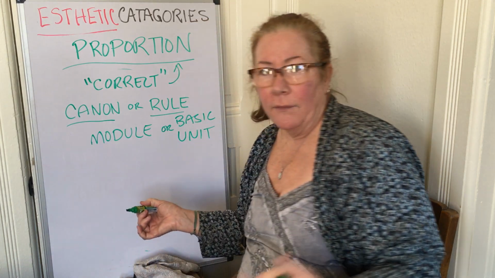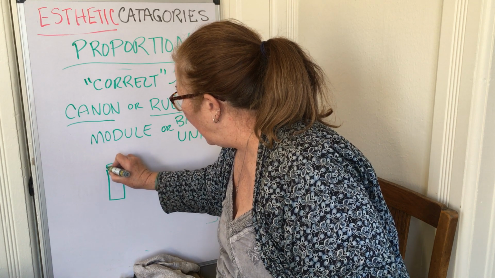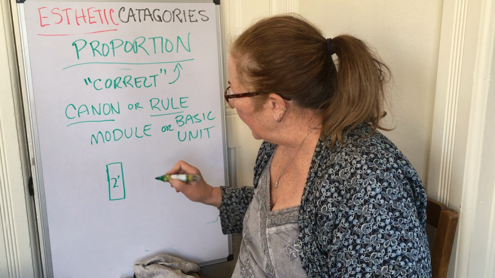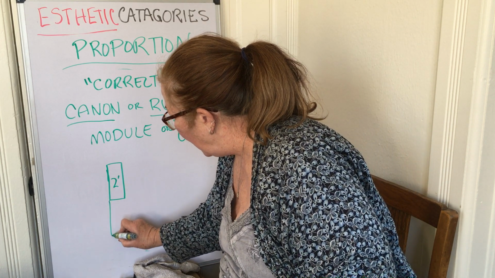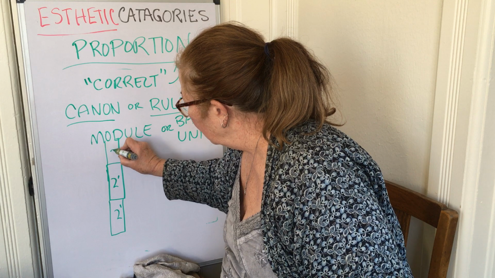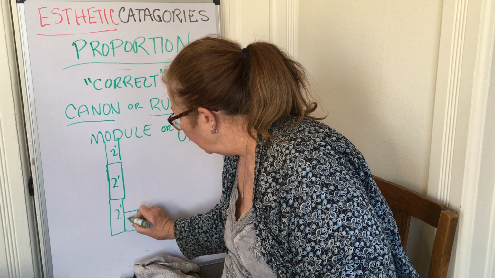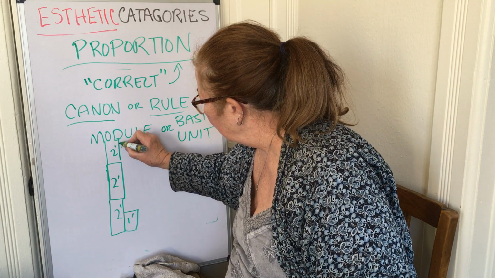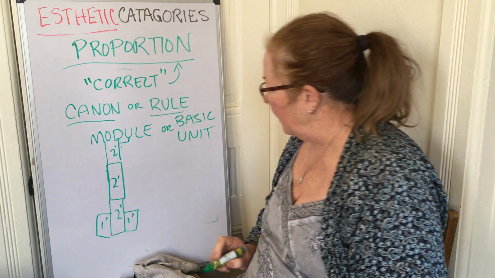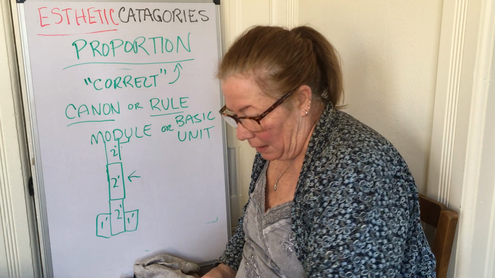So in other words, if I was building something and my module was 2 feet, then everything in that building is either a multiple of that 2 feet, or a fraction of the 2 feet. So everything is based on that one size.